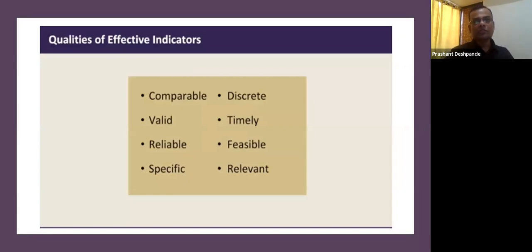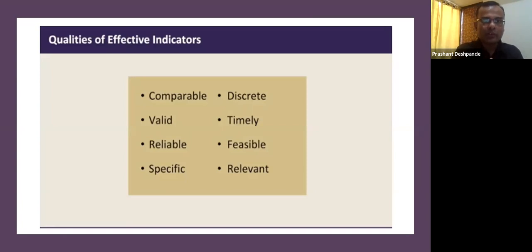Now, what are the qualities of an effective indicator? I request you to go through this in detail, because this is one of your assignments. The first quality is that it should be comparable. If we have a program, we need not have unique or different indicators. If some other program is using an indicator, we can use the same one. It should not be very narrow.